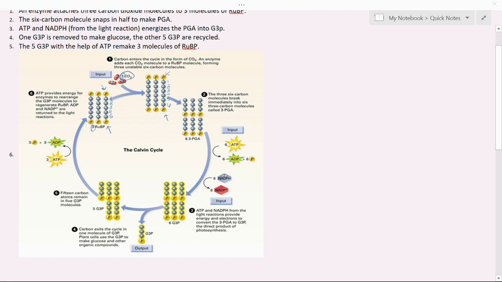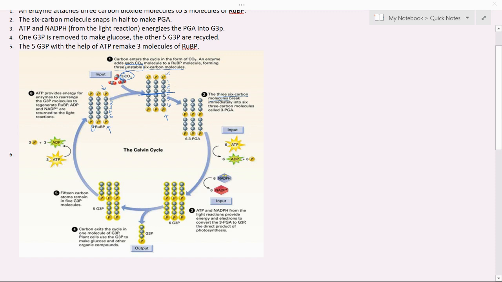What we want to note here is that these 3 6-carbon molecules are very unstable. So what happens right away is that they break in half and create instead 6 3-carbon molecules. Notice that we still have the same things. We still have 1, 2, 3, 4, 5, 6 phosphates, and we still have the same number of carbons.